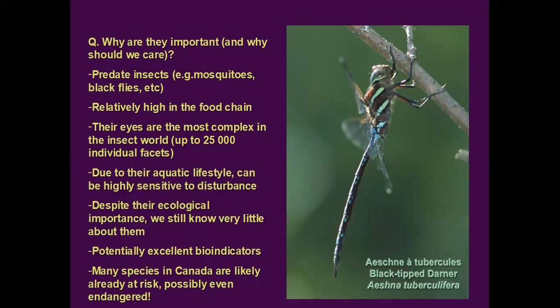We're also getting pretty much new species every year in New Brunswick even. And we found a brand new species to science way back in 1993, right here in New Brunswick. They are excellent bioindicators of the health of the environment, and many species are likely at risk, so possibly also endangered.